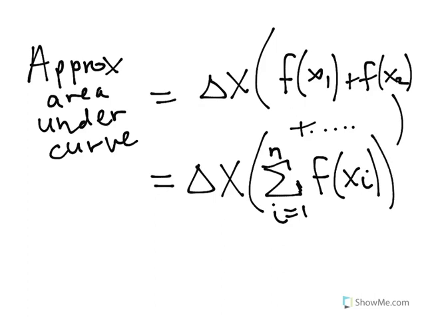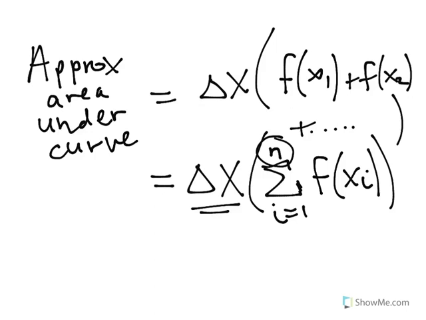Now this is a bit more advanced notation, but I hope you've seen this summation notation before. Basically it just says add up a bunch of the f of xi's, and the question is, how many xi's do you have? That comes from n saying how many rectangles you want. So you add up however many rectangles you have and then multiply by delta x out in front.